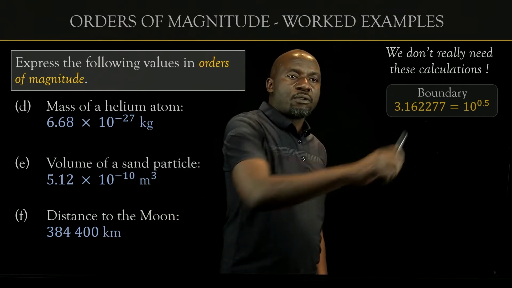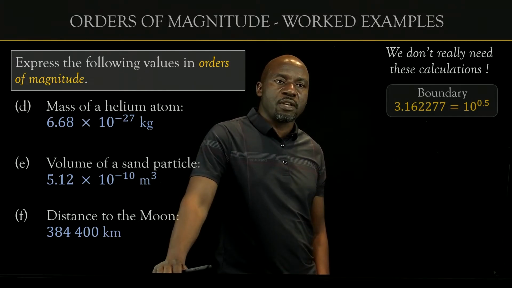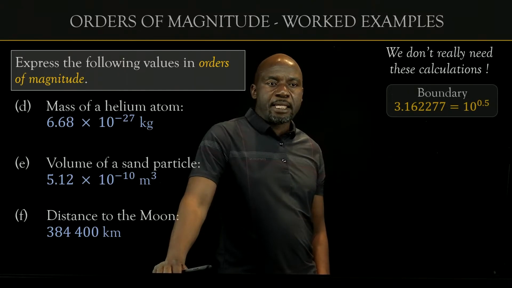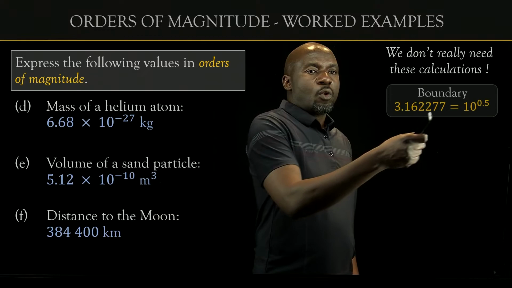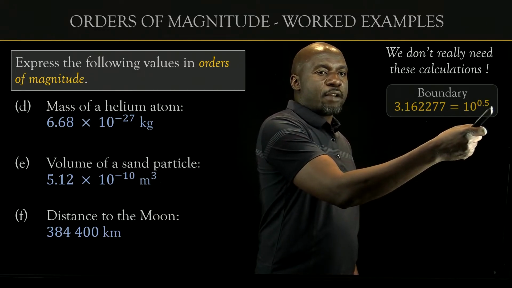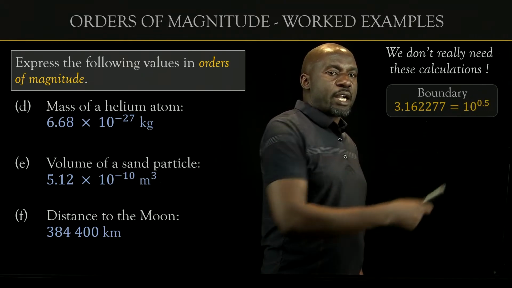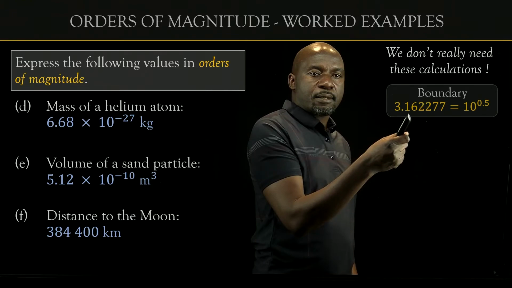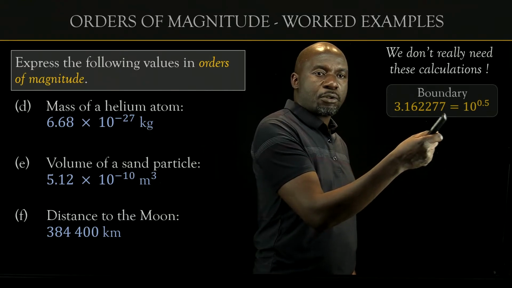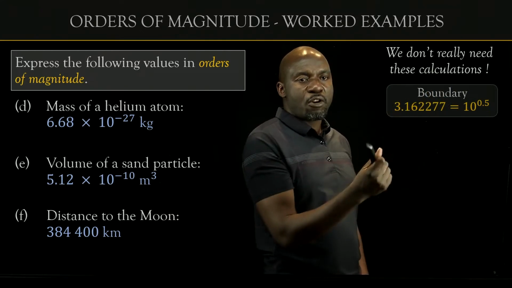So 10 to the power of 0.5 is 3.162277. What we are saying is that 3.2, for example, will be greater than 0.5 here, and if it is greater than 0.5, then we will be rounding up. If it is less than 0.5, so 3.16 is going to be less than 0.5, and so we will have to round it down.